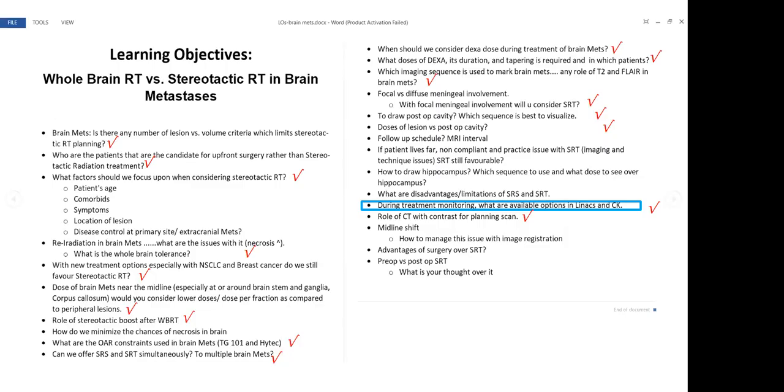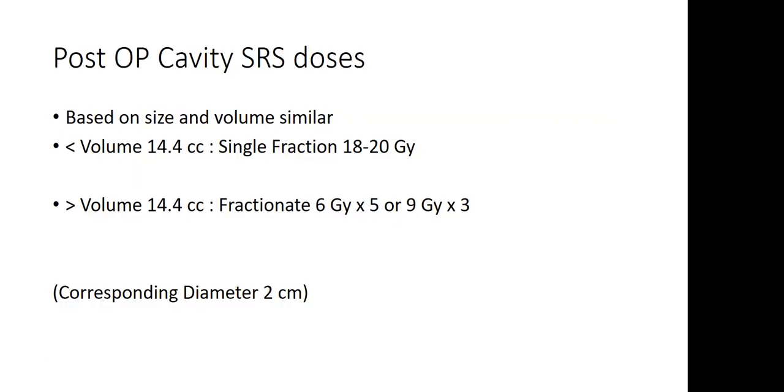Even these 3 fractions, were they consecutive 3 days or alternate 3 days? Depends upon the volume. If it is a small volume, you can do 3 days continuous, no issue at all. If it is a large area, for example 14 cc, let's suppose, go ahead with alternate days.